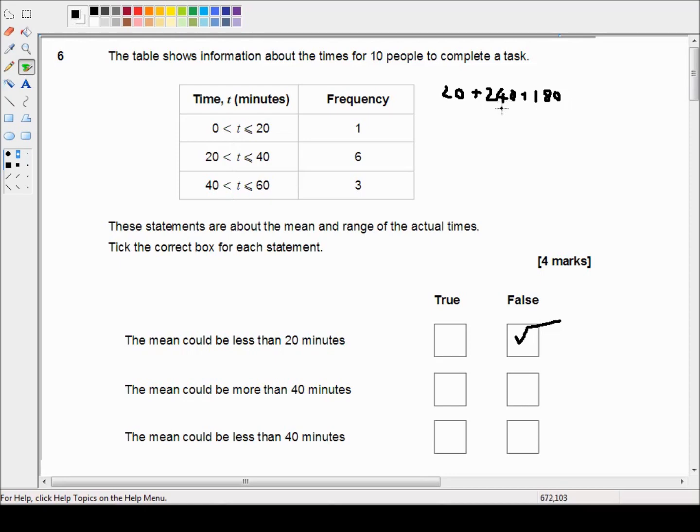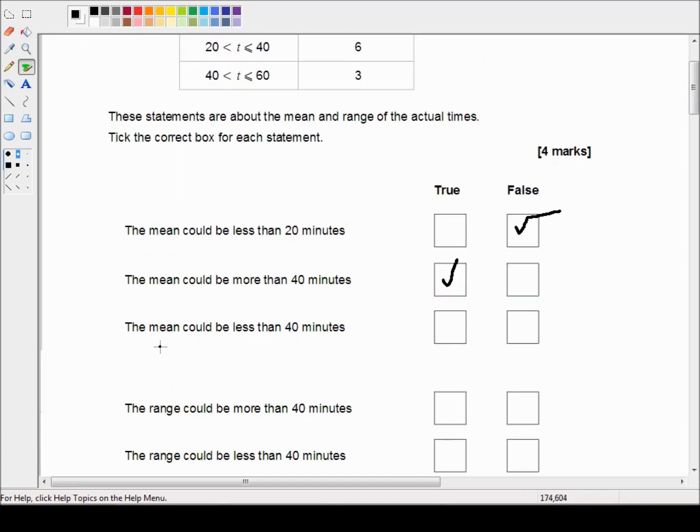And 440 divided by 10 is 44. So yes, the mean could be more than 40 minutes, and because that's less than or equal to, this is actually a very real possibility. So yes, it's true.